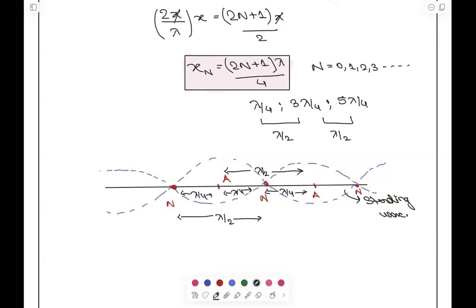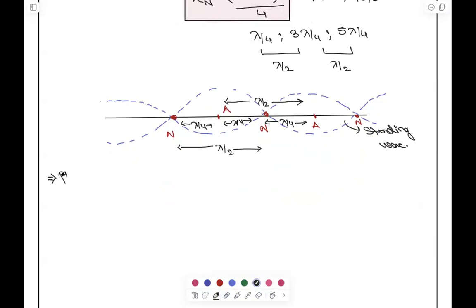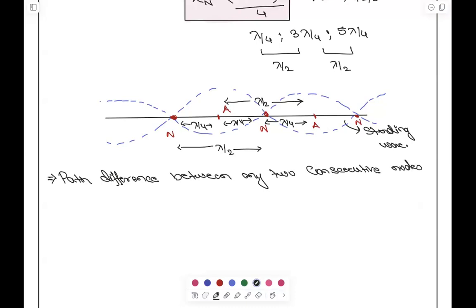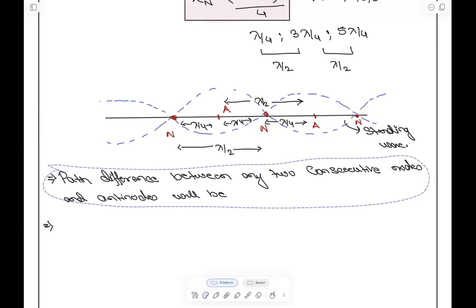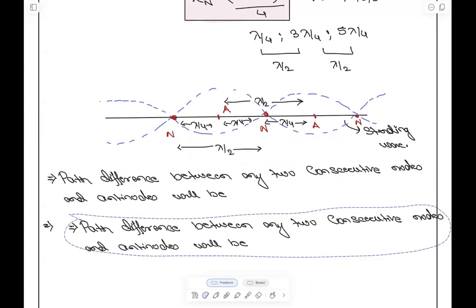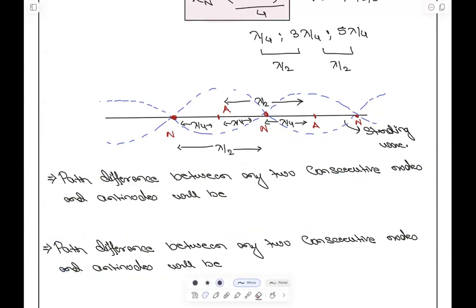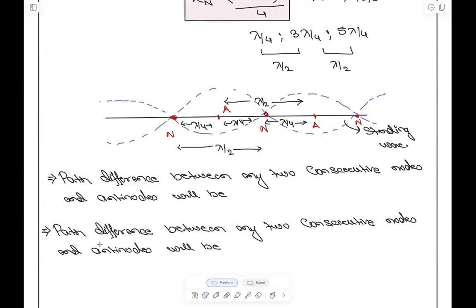Write it down. So path difference between any two consecutive nodes and antinodes will be... tell me, fill in the blanks.